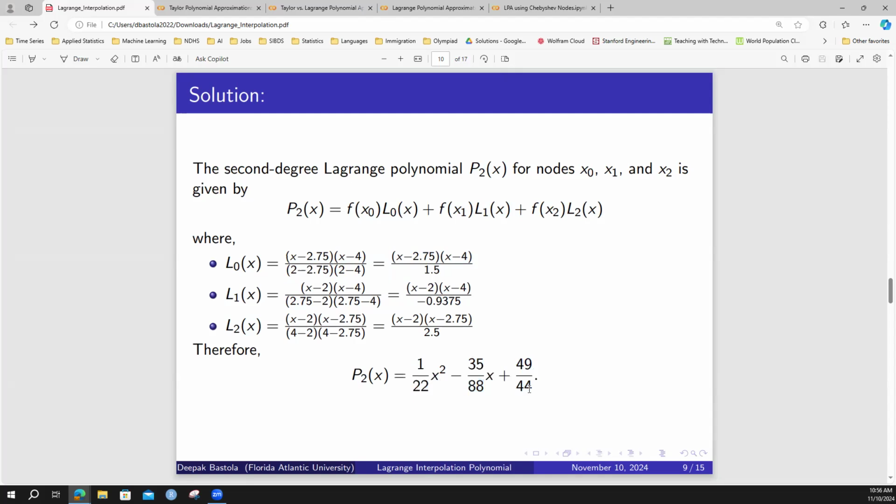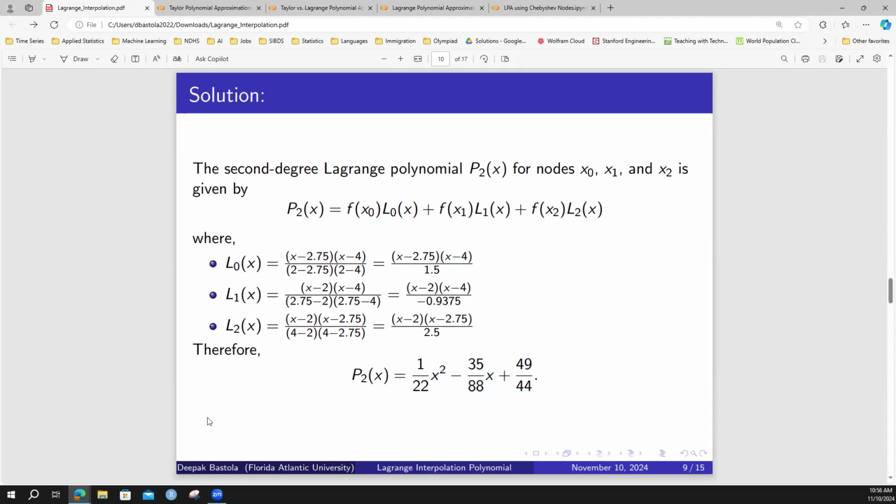My original function is 1 over x, and my second degree Lagrange polynomial is P2(x), this. So now I'm interested to see, is it the approximating polynomial for 1 over x?